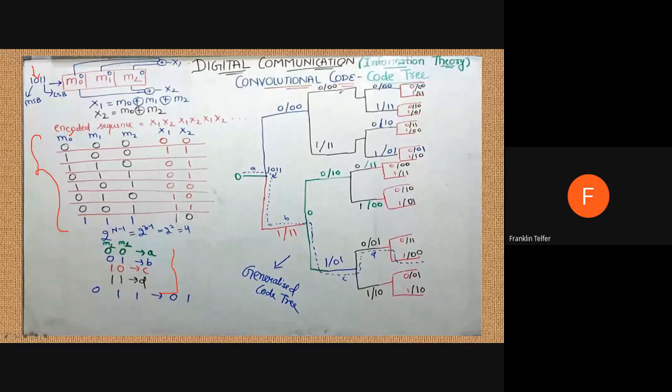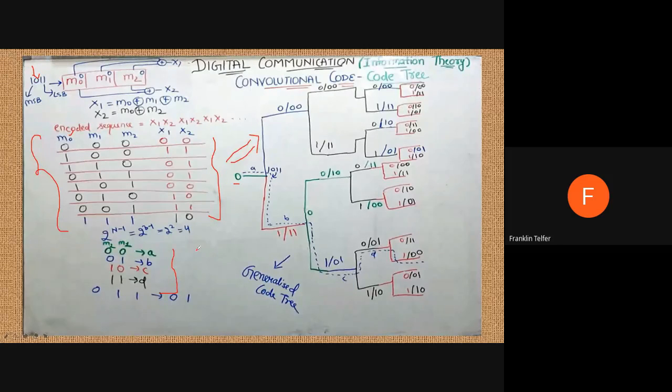What we are going to do is, from this encoded sequence, frame a generalized code tree. Let us initially take 0, because initially the shift registers will be at 0 level. For the generalized code tree, there are two combinations, one at the input 0, one at the input 1.